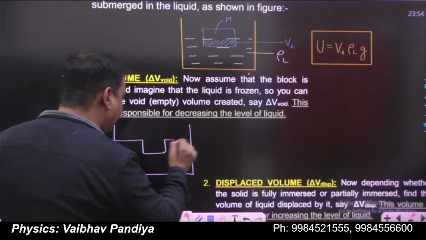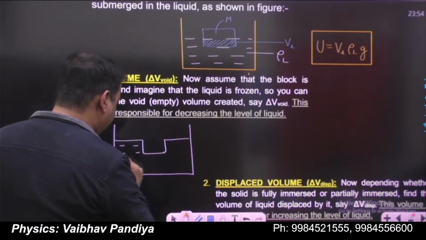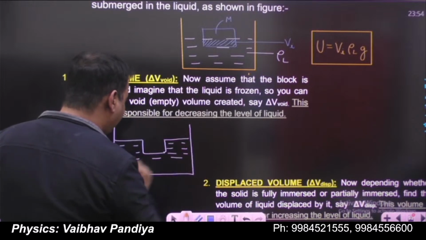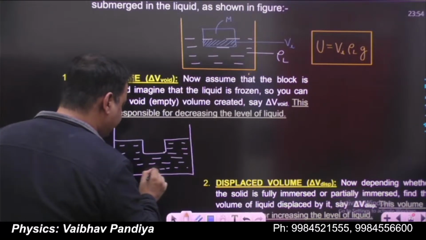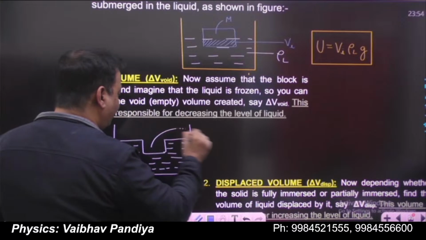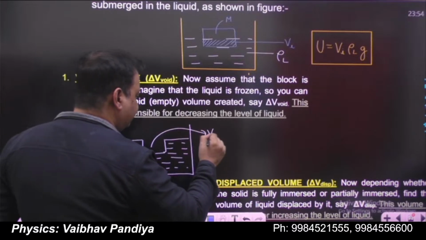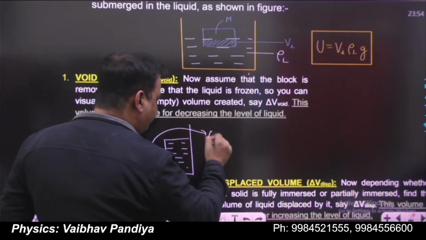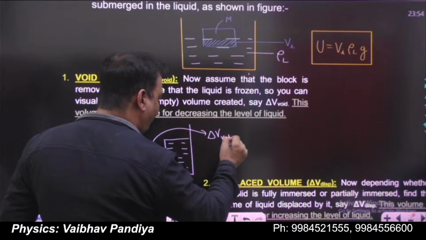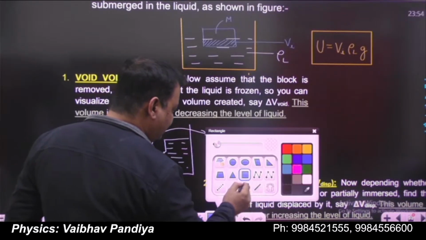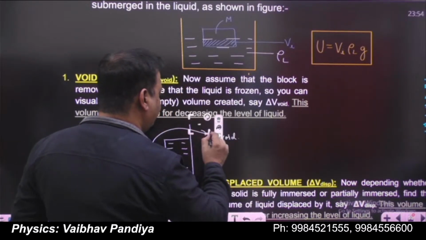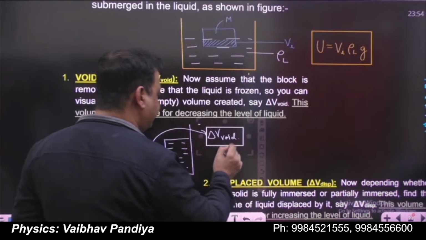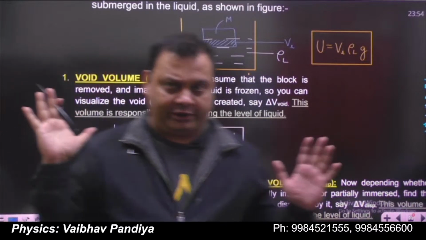Though it will not actually be frozen, we are just considering a model to get better clarity and understanding. So this much volume will get empty, correct? This I am writing as delta V void. This will be the free volume that will be created by lifting up the solid.